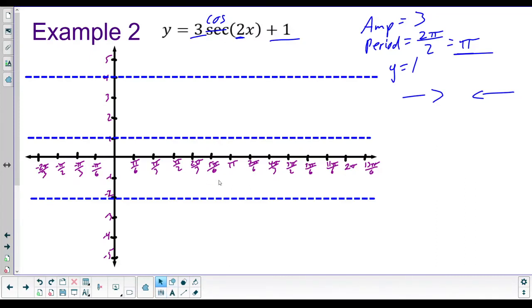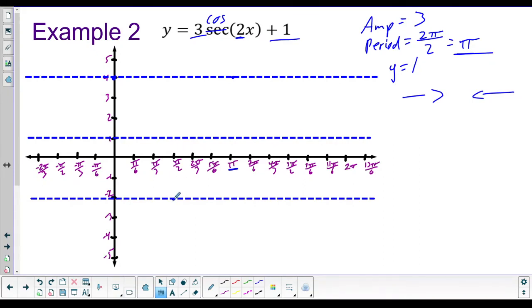And then our period is going to be pi. So for cosine, it starts at a maximum. At the end of its period, it's going to return to the maximum. Halfway to the period, so half of pi, it will be at the minimum.